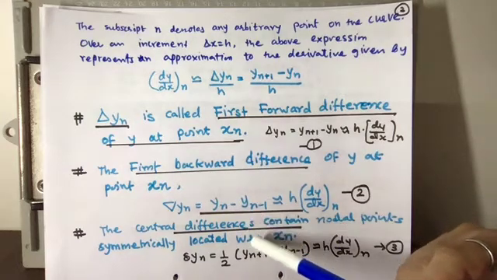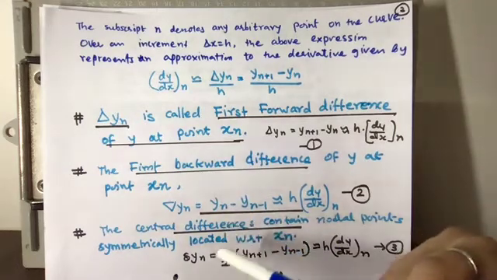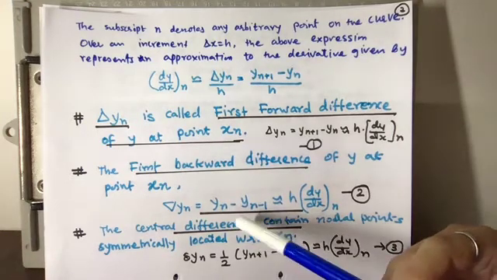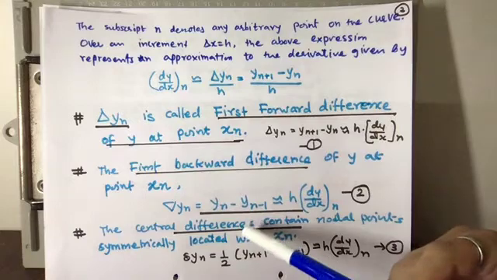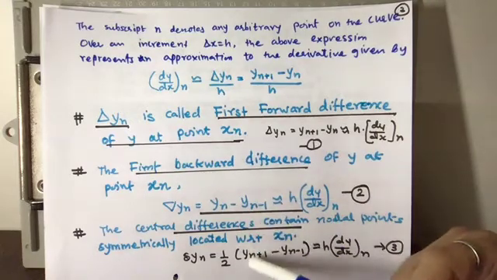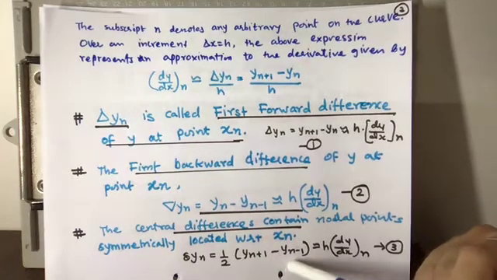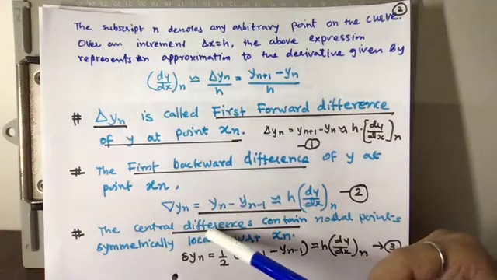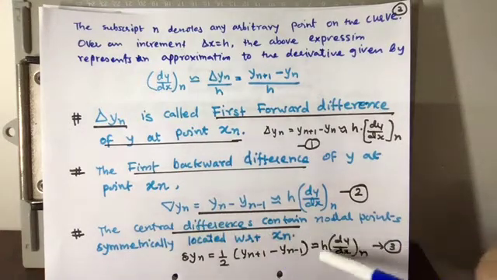Taking the right-hand side value and the left-hand side value and their difference, if the function value at xn is yn, it is a symmetric point, so (yn+1 minus yn-1) divided by 2h is called the central difference equation.